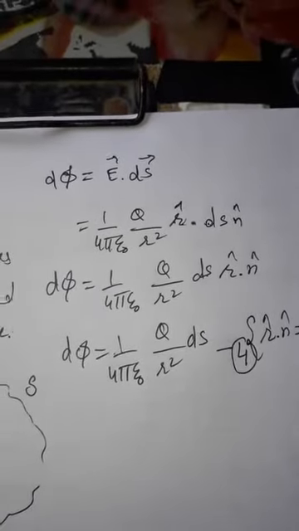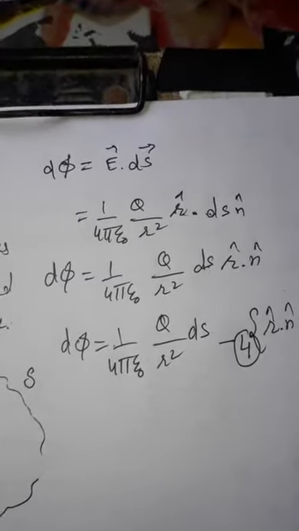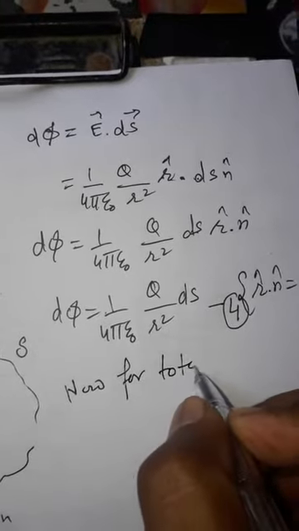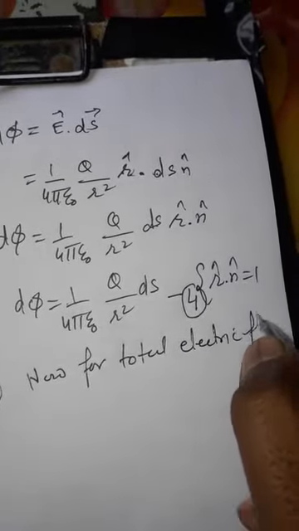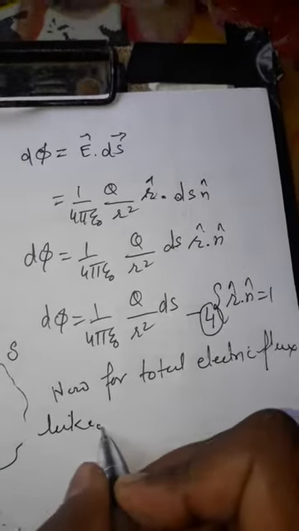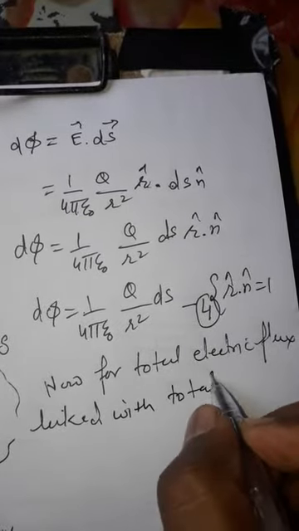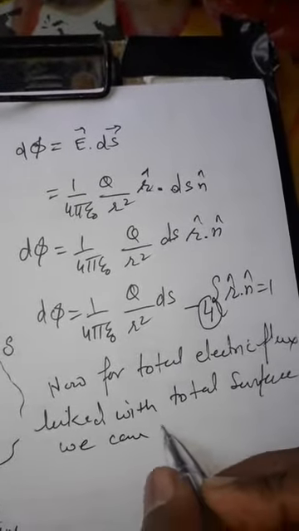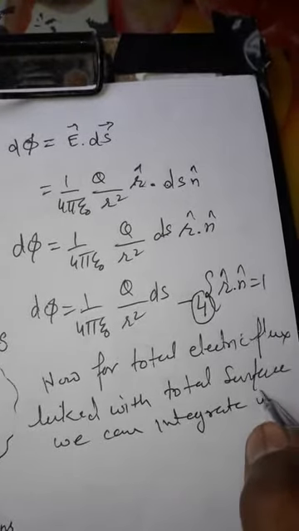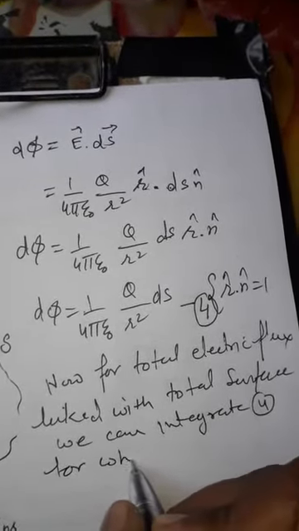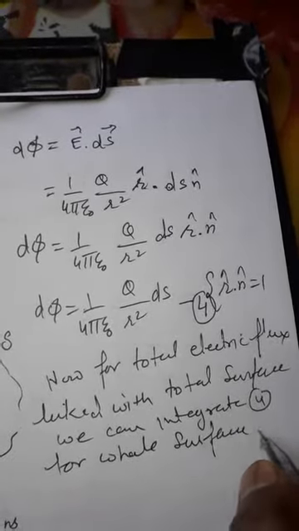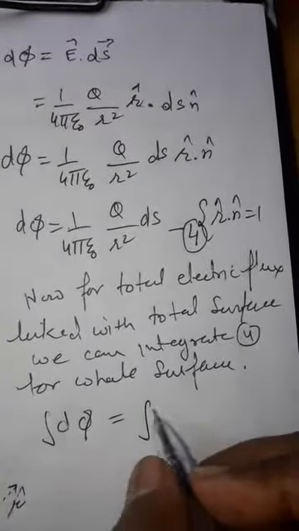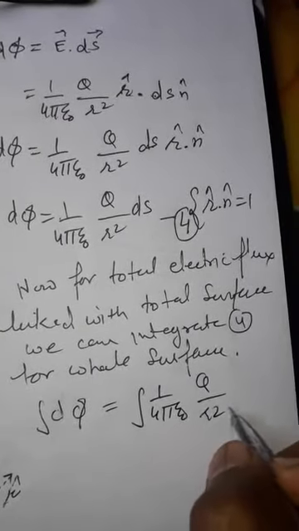Now, as this is the flux linked with the small area, if we want to calculate the total electric flux linked with the total surface, we can integrate equation 4 over the whole surface, that is the sphere. Integrating, we get the integration of d phi equal to the integration of 1 upon 4 pi epsilon naught q upon r square ds.